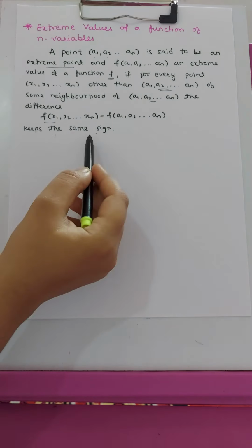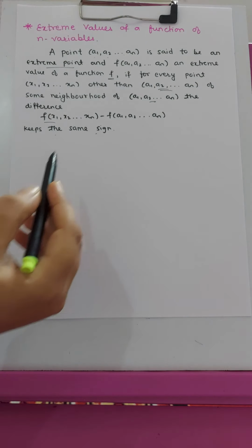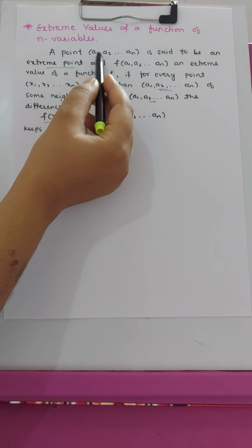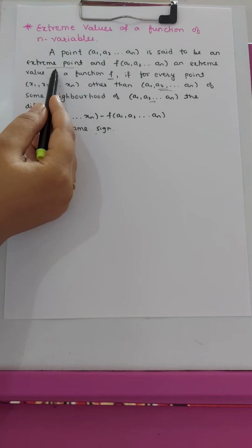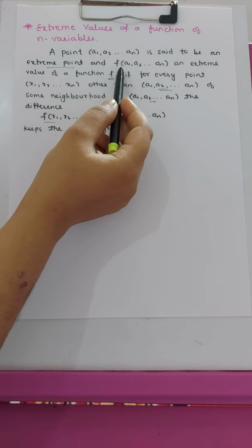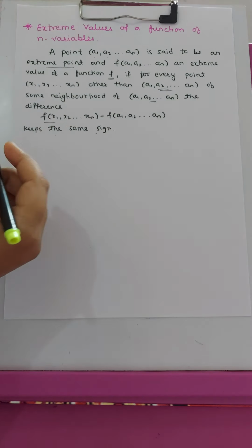That is, if this difference has the same sign, then we say that this point a1, a2, an is the extreme point and the value of the function at this point is the extreme value.